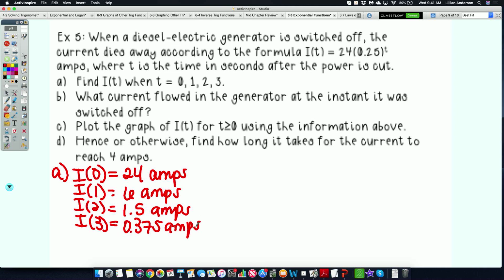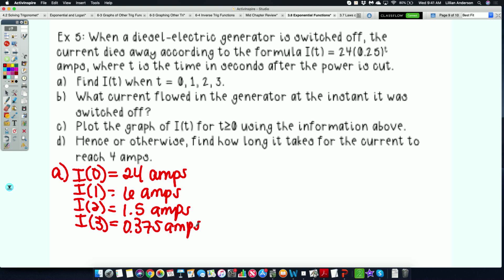Now, what current flowed in the generator at the instant it was switched off? What's that mean? The instant it was switched off. We're trying to find the original. Like, you know how the first example, it says something about find the original. Well, if time in seconds after the power is out, if you want the initial, it'd be 0.